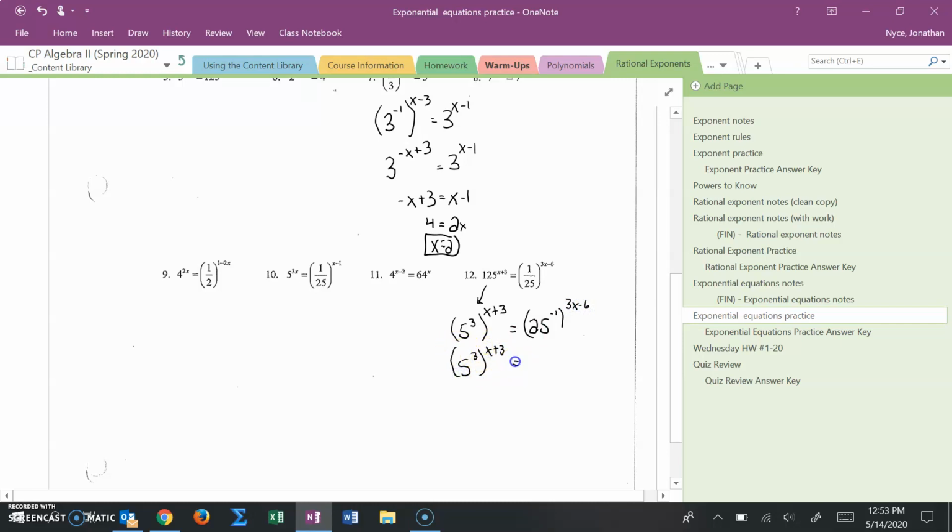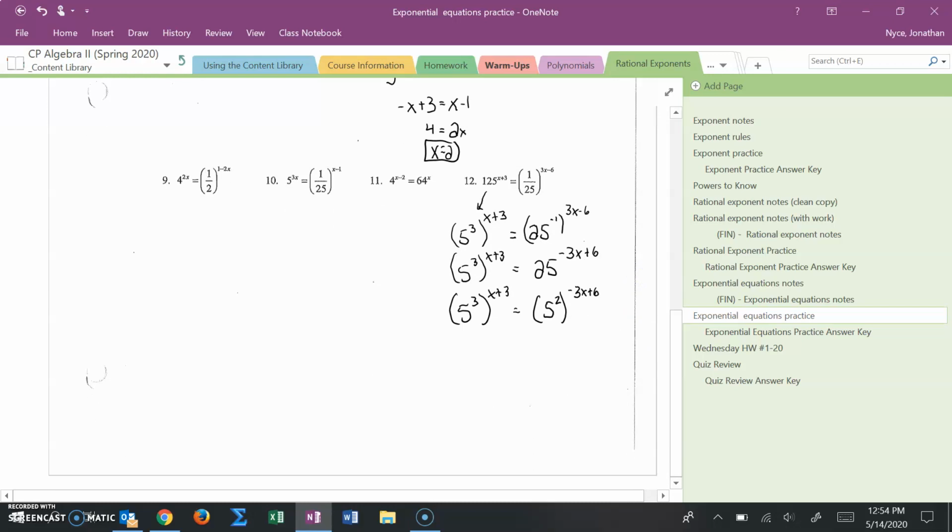And then power to power, I'd multiply my exponents. So don't forget to distribute negative 3x plus 6. And now I'm going to do that replacement where I know 25 is 5 squared. So I'm simply going to replace 25 with 5 squared.